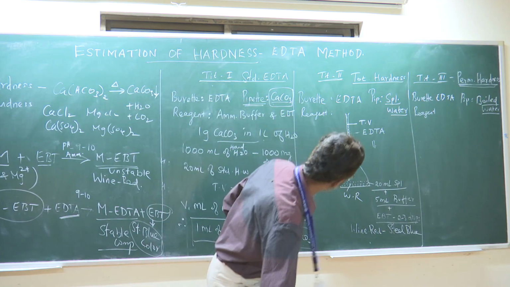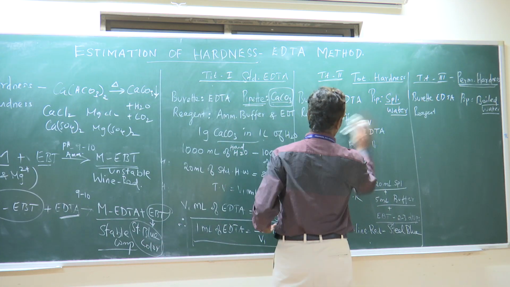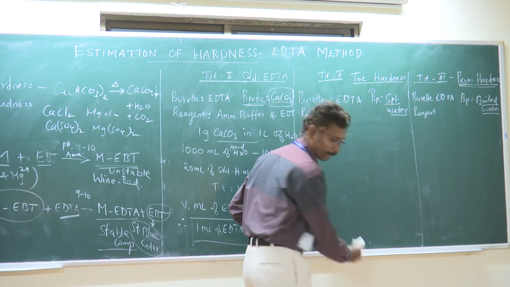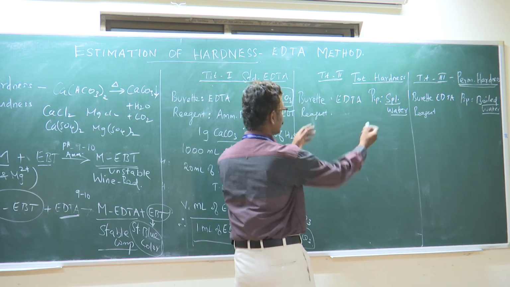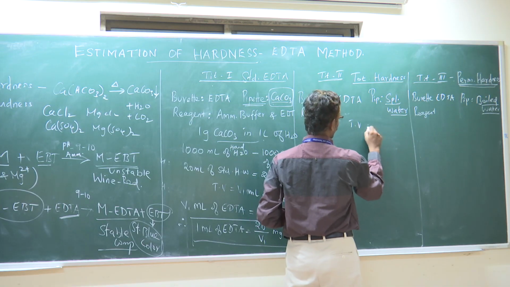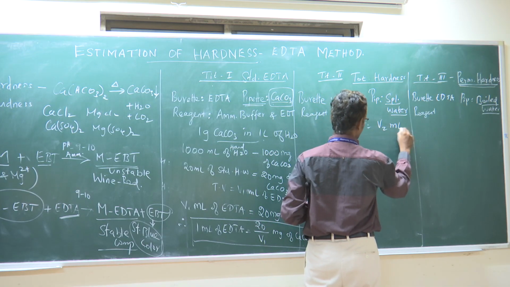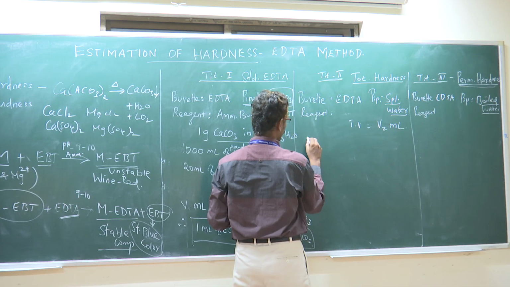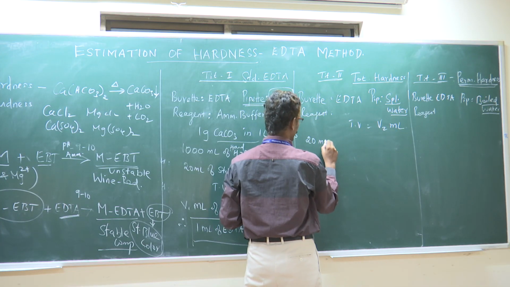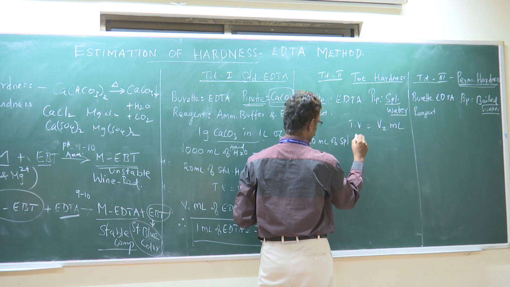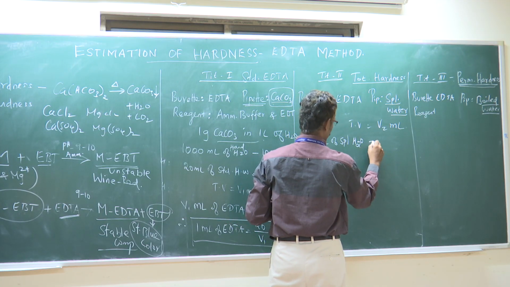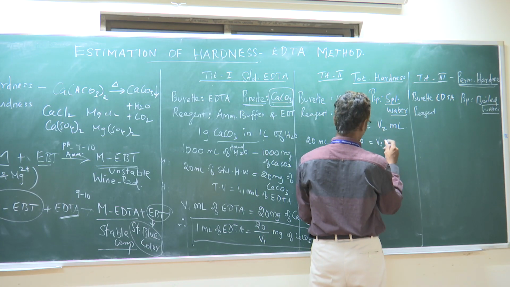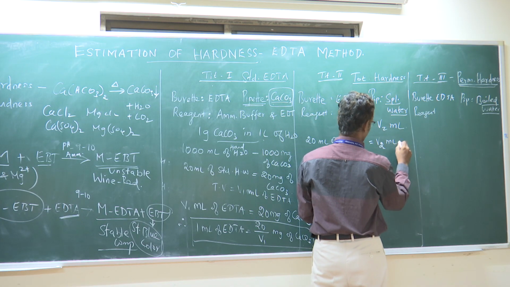Now let us see the total hardness calculation. What is the titer value you are getting? V2 ml of EDTA. So 20 ml of sample water is equal to V2 ml of EDTA.